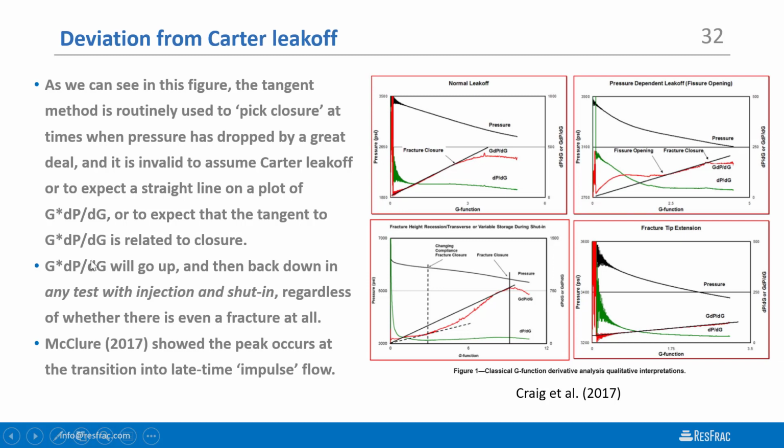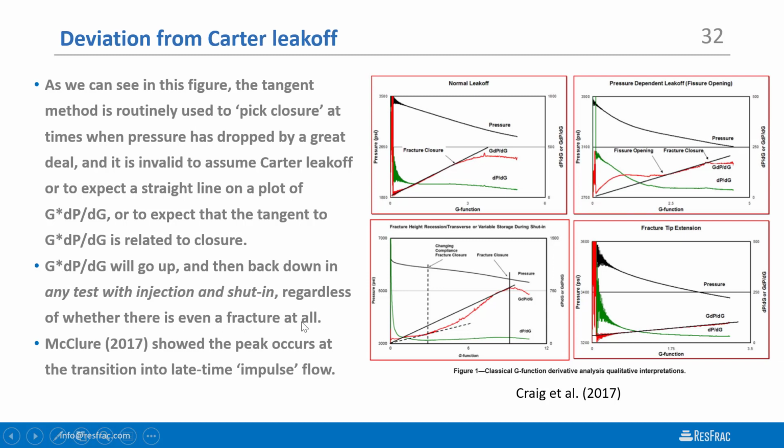Now at late time, remember you injected and shut in. So at late time, dP/dG has to go back to 0, because if you waited forever, everything would go back to normal and the pressure perturbation would spread out to infinity. So at late time, dP/dG is 0. So you have something that starts at 0 and has to end at 0. So guess what it does between time 0 and infinity? It has to go up and then it has to go back down.